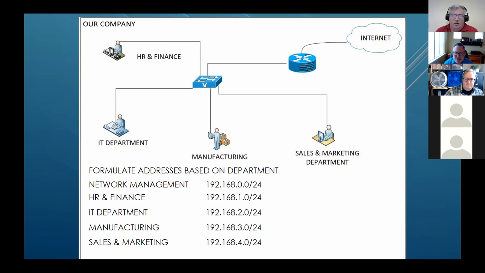Let's pick the 1 net, and then HR, finance, IT, manufacturing, sales, and marketing are all 192.168.1.3, 1.4, 1.5. They're all in the same subnet. They can't be on different subnets. If you are on different subnets, then you can't find each other, and you're not talking to each other.